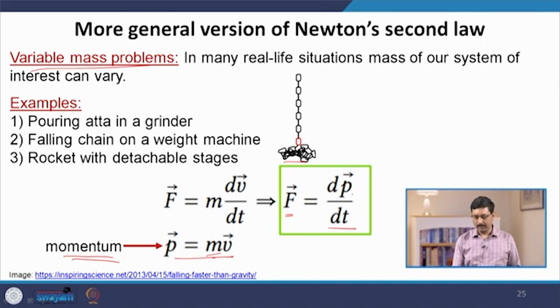So, F is equal to dp/dt. Obviously, if you plug in the expression for the momentum, and if the mass is constant, then it reduces back to the familiar expression of force equal to mass times acceleration, as we discussed in the last slide.